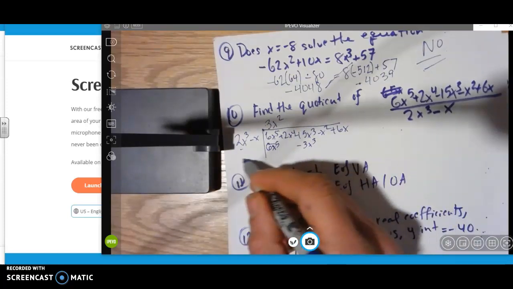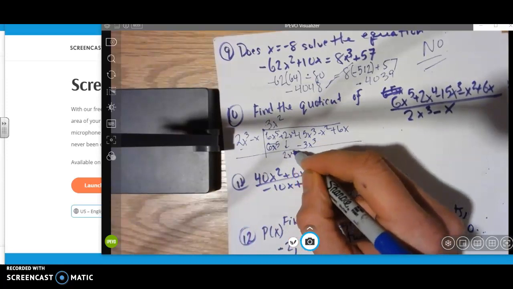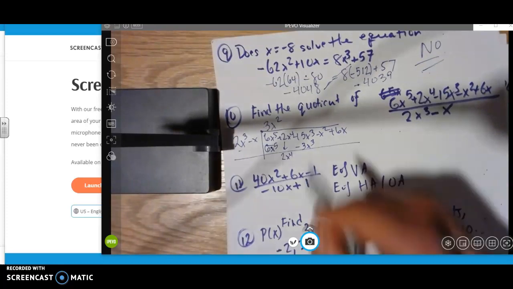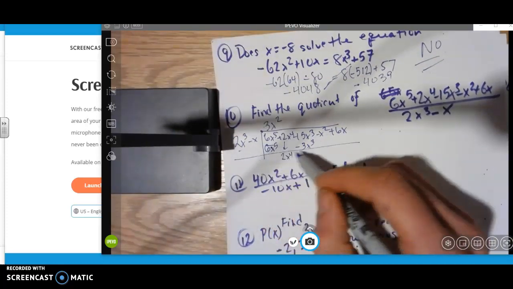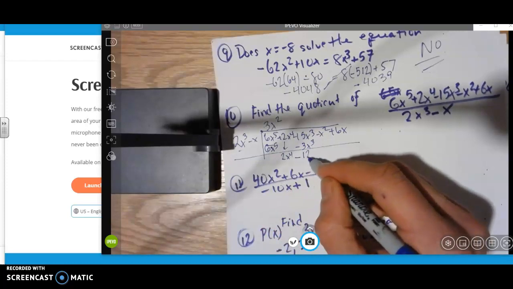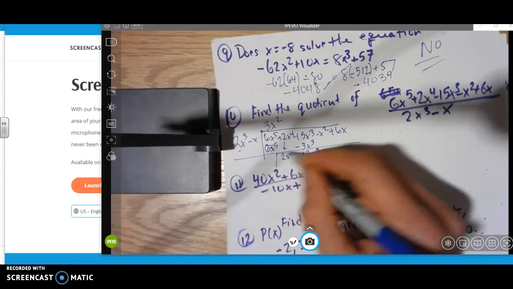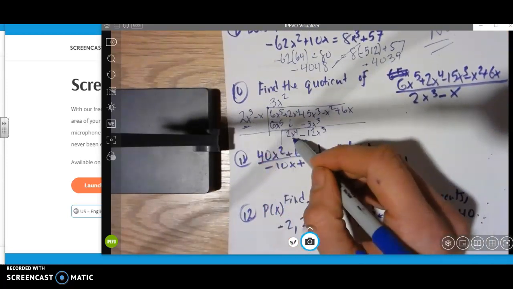Notice you put that in the correct column. And you're going to get 2x to the fourth, and we're going to have negative 15 minus negative 3, so it's going to be negative 12x to the third. Then we try to divide again. Can we divide 2x to the third into 2x to the fourth?